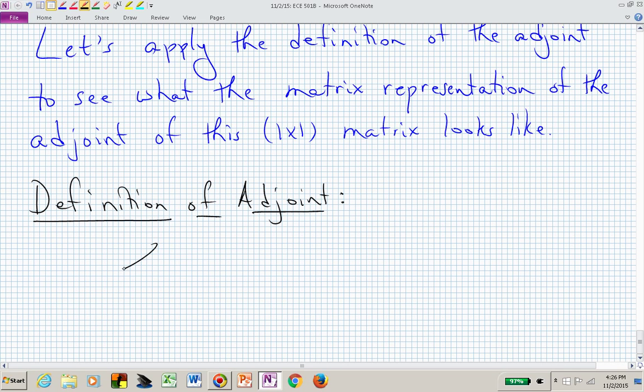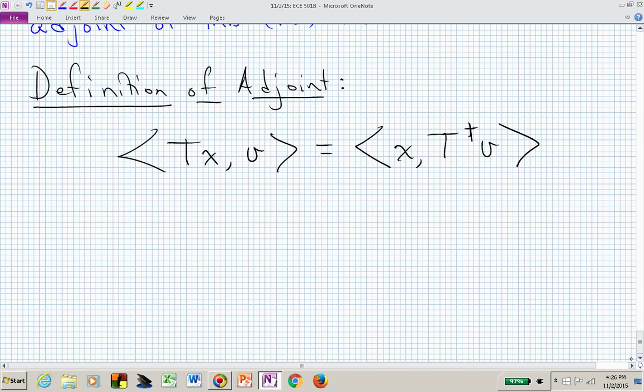So if we now have T, let's say X, with V, by the definition of the adjoint, that should equal X with T dagger V. That's the definition of the adjoint. And let's go ahead and use the Euclidean inner product. And now what did we say?